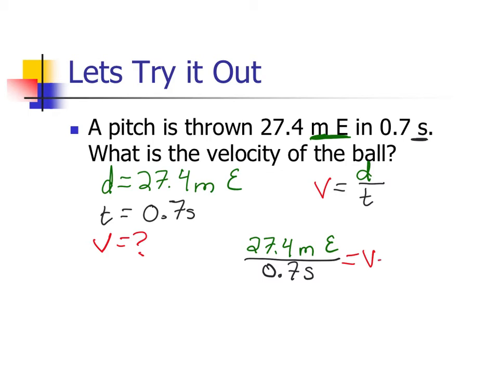After calculating it, we can see that we have 39.1 meters per second, given that those are the labels, and the direction is east.